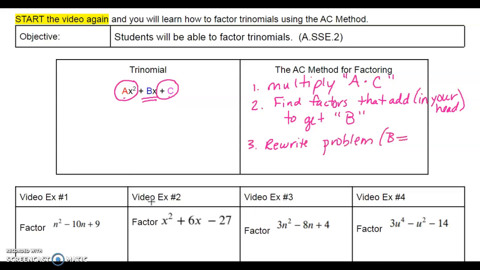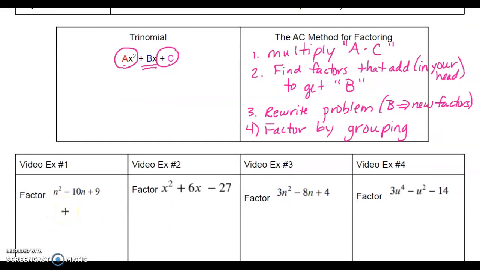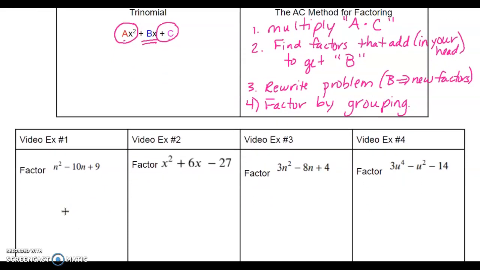So B, and we're going to do our new factors. Then we do factor by grouping, which is what we just got done doing. Okay, so it is the longest. It is the most used type. Once you do 4 of these, you should get the hang of it.